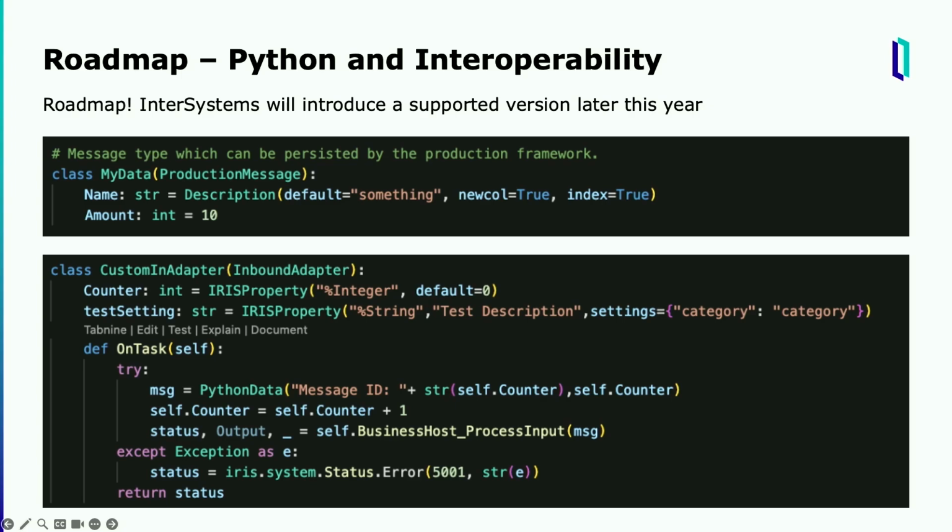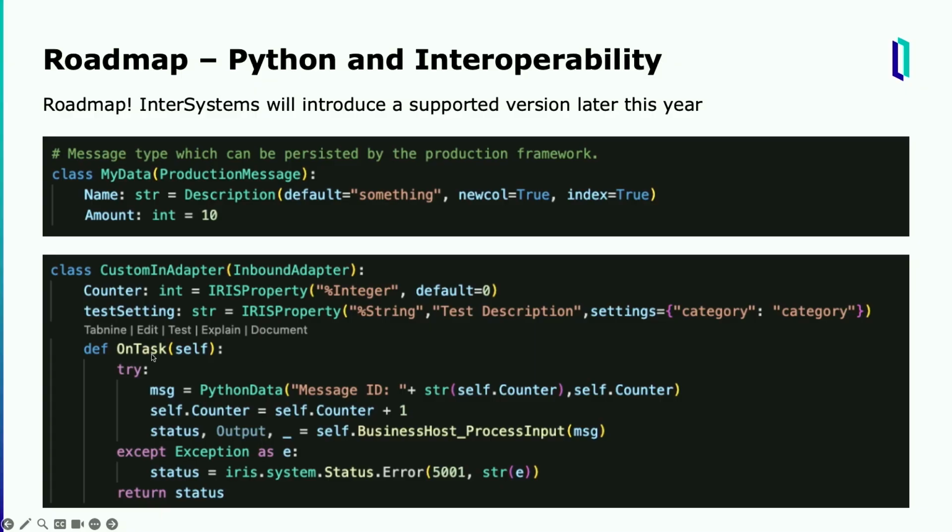So here's an example of what that's going to look like. This is one py file which basically describes a full production. And as you can see here, I'm describing a message up front here with a name and an amount as an integer. I am building my own custom adapter, which is inheriting from an inbound adapter.